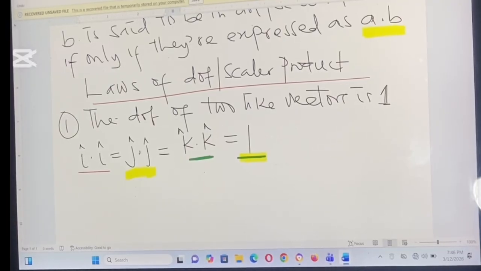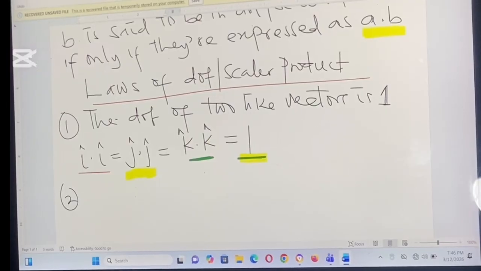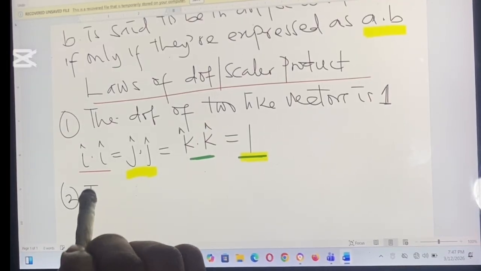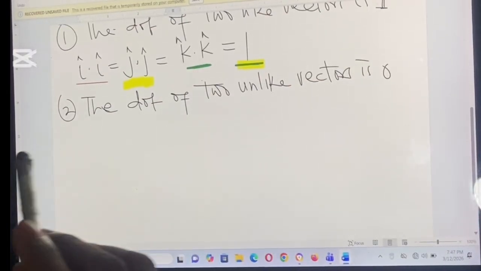All right. Now let's take the next law. The next law states that the dot of two unlike vectors is 0. Okay, let's represent this mathematically here.